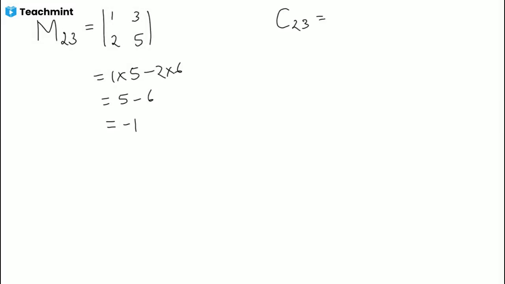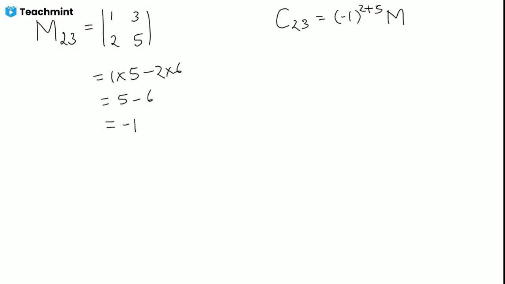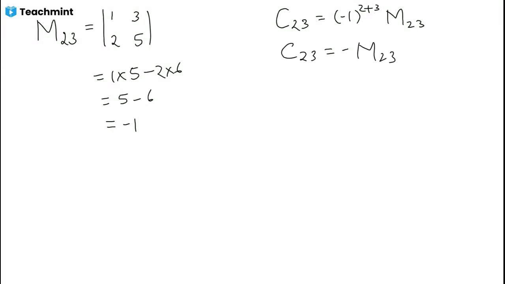C23 is equal to minus 1 to the power 2 plus 3 into M23, which is odd power, so we have minus M23. C23 is equal to minus of minus 1, so we have plus 1. Since we already have M23 negative, we have here negative of M23.